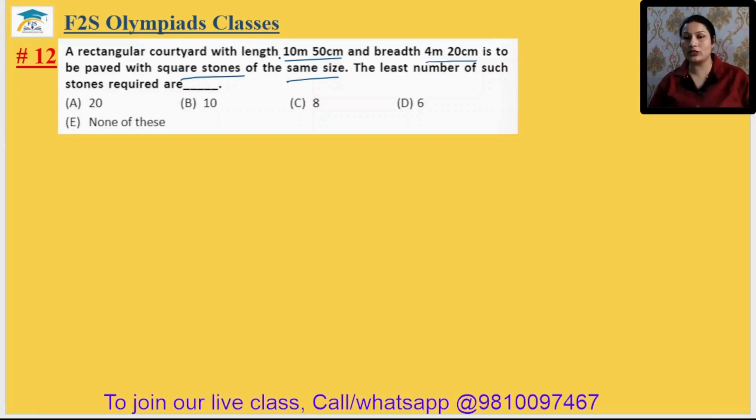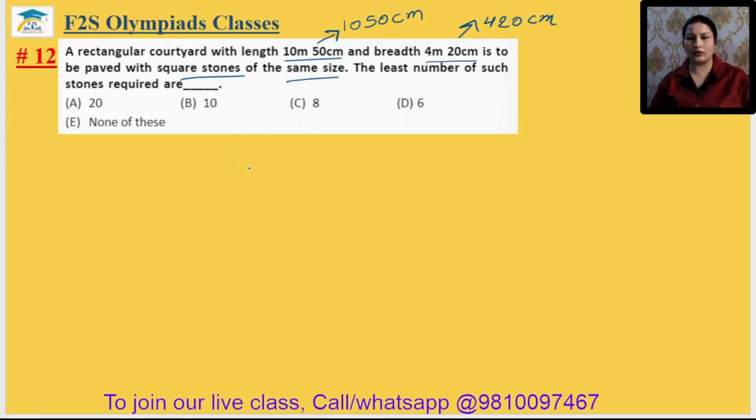To find the side of the square stone, we have to take out the HCF between these two numbers. So first convert it into centimeter. 1 meter equals 100 centimeter. That's why it will be 1050 centimeter, and this will be 420 centimeter.